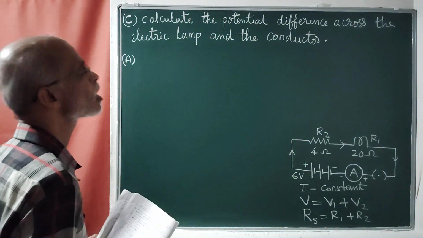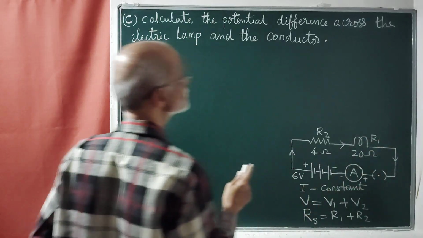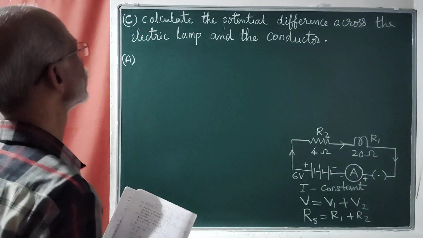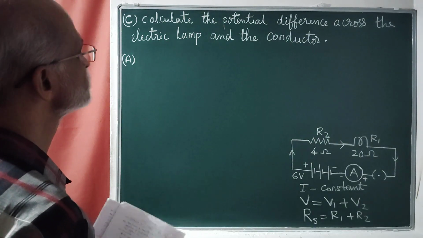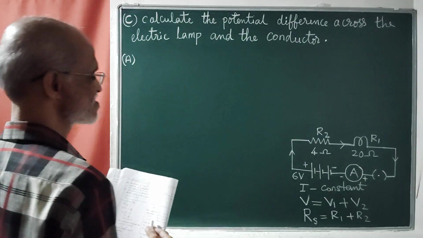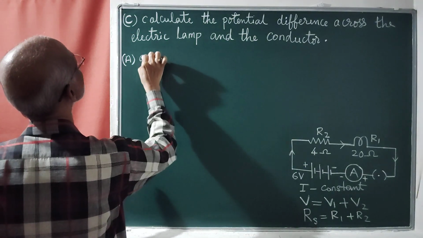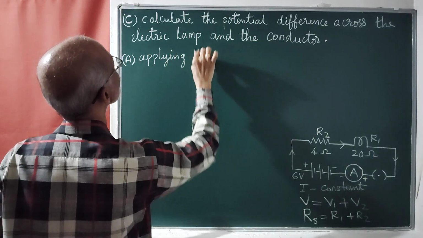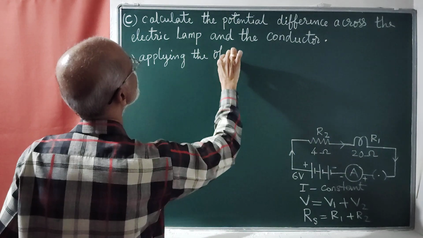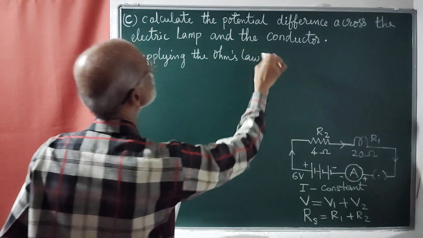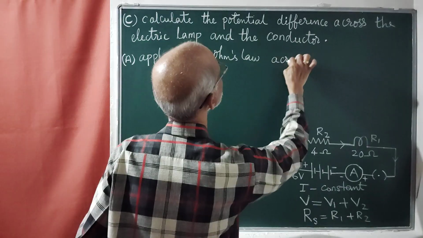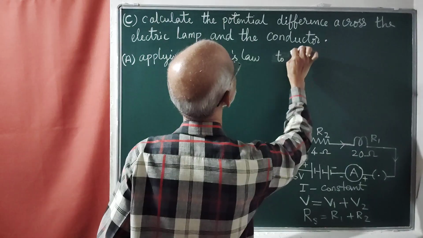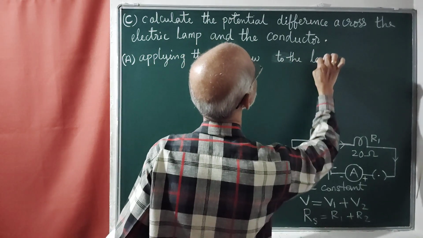We apply Ohm's law across the lamp separately and across the conductor separately, and calculate the value of V. Applying Ohm's law to the lamp.